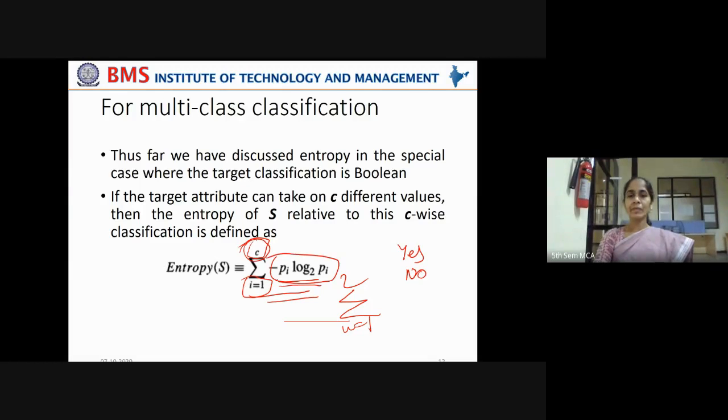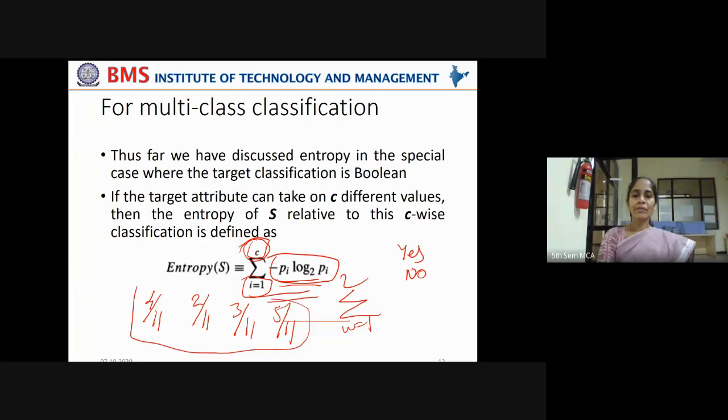Say there are 4 classes, and for the first class it is 4 by 11, for the second class it is 2 by 11, in the third class it is 3 by 11, and in the fourth it is 5 by 11. So in total we have 14. If it is a binary classification with 14 training examples, we calculate 2 different terms.